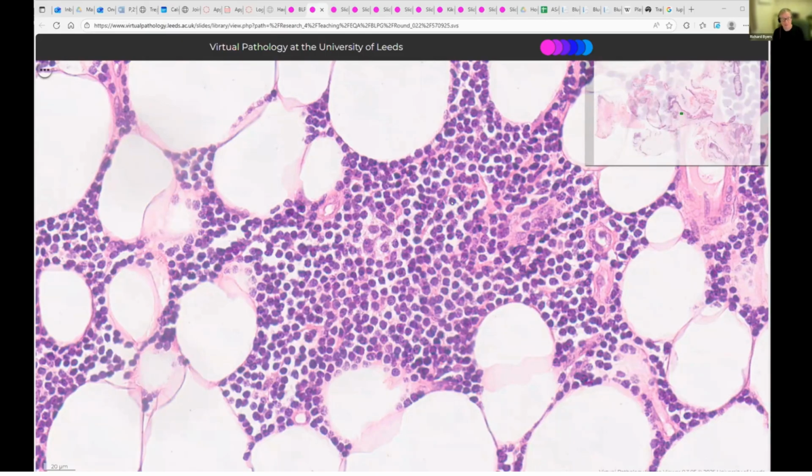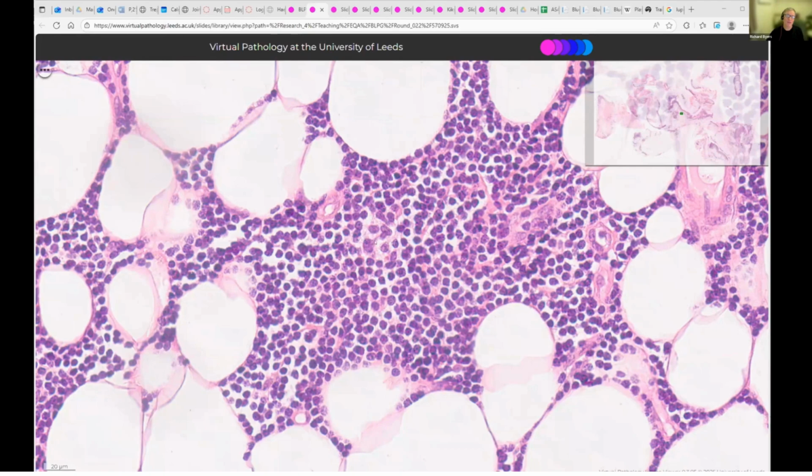And that will be the case in marginal zone and in lymphoplasmacytic. Obviously, follicular will be centrocytes and centroblasts, but the uniformity of these cells will be different in those other low-grade lymphomas. The main differential of CLL is mantle cell.